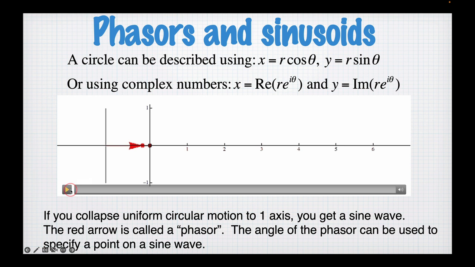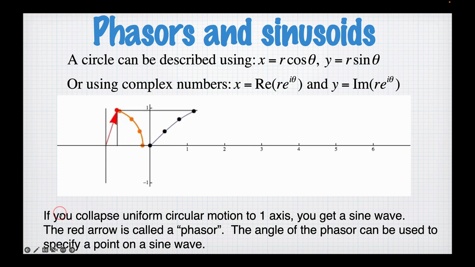Now, if we allow this phasor, this vector, this red arrow here, to rotate around in the complex plane, increasing its angle theta, and we look at the height of the vertical component, we get an animation like this.